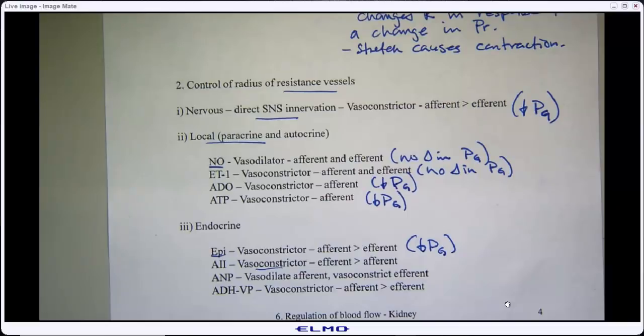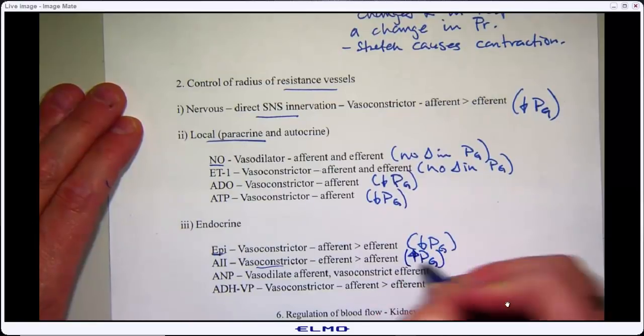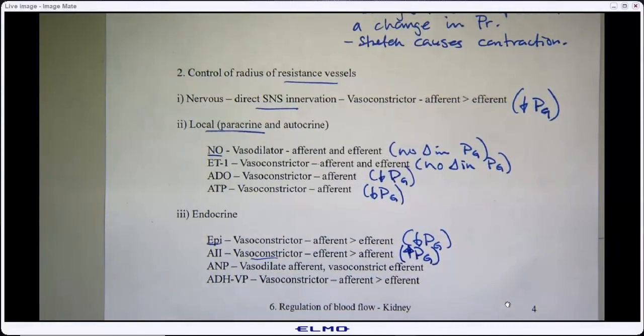So we have the ability to constrict downstream of the glomerular capillary bed more than up. Okay, so now we're more in control of volume out. We can drop volume out, which will increase pressure in the glomerulus and help us with fluid flux.